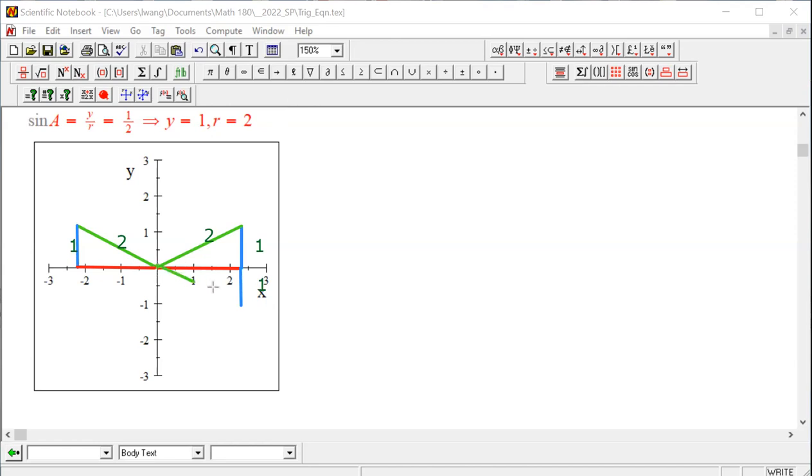If you draw this triangle, this piece of blue is 1, and that's 1, so the whole thing is 2. And this is 2, this is 2, and this is isosceles. What else can we do? Very soon you realize this is actually pi over 6, 30 degrees.